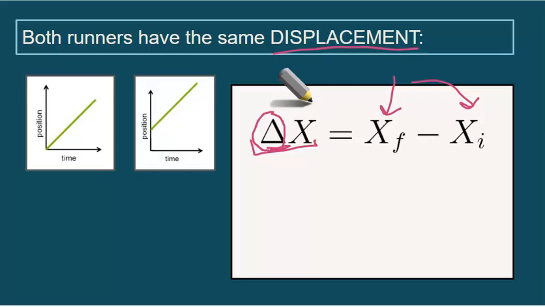So in this case, the displacement for both of them was 12, because it was 12 minus 0, or 18 minus 6. So the difference is the same. Both runners move forward by the same amount, therefore they have the same displacement.